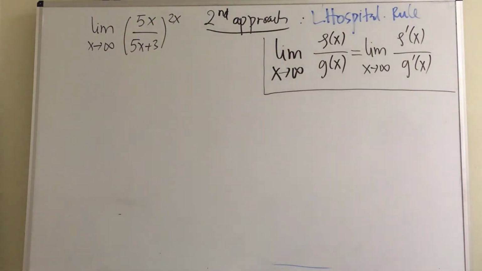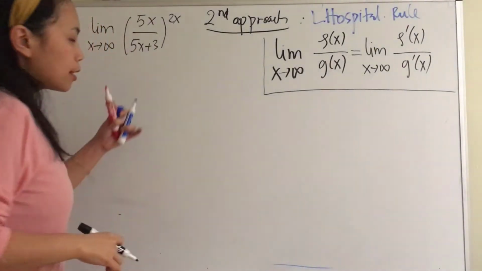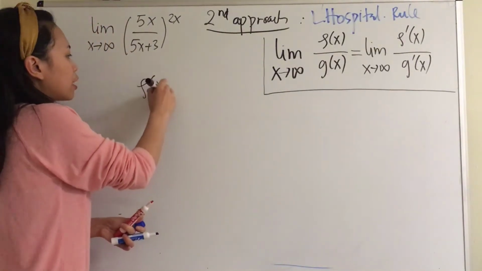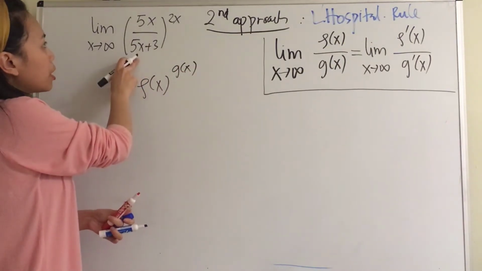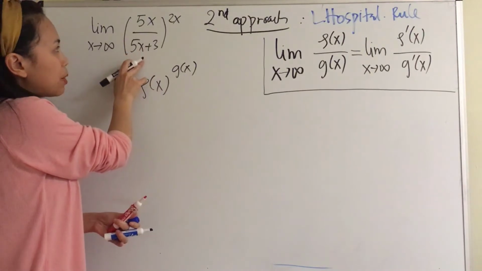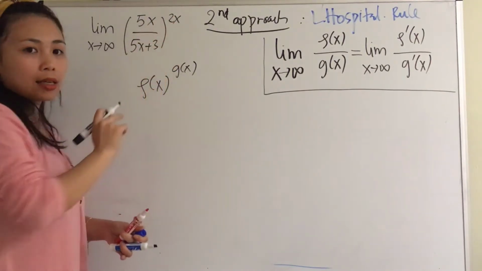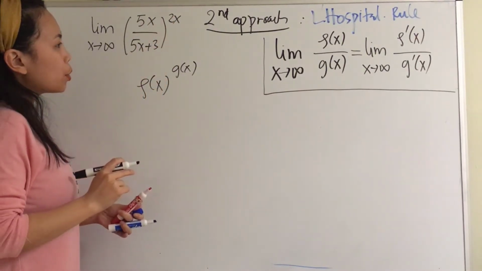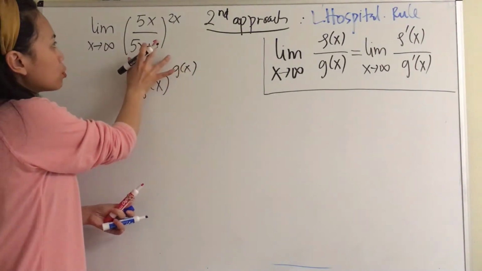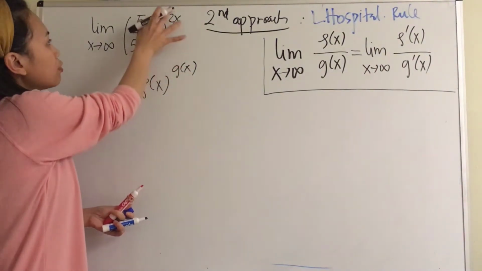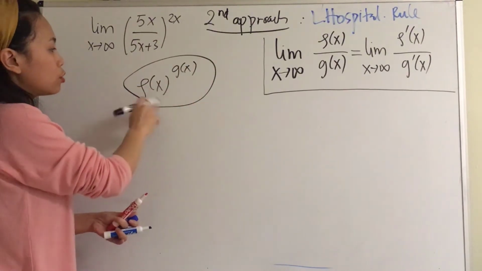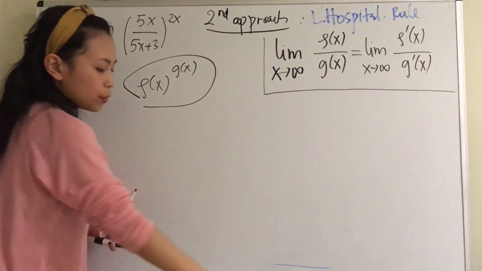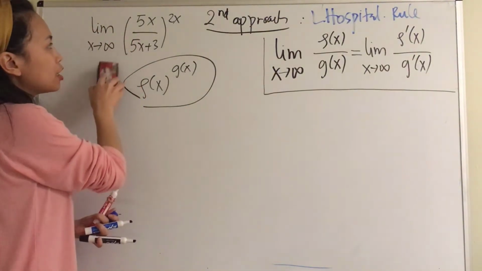But the thing here is, this is a function in the form f of x to the g of x, right? Because you have x in the base, and you have x at the exponent. So you cannot use L'Hospital's rule here because you cannot differentiate the function in this form. You have not learned how to differentiate it yet. So the first step, we have to modify this function.